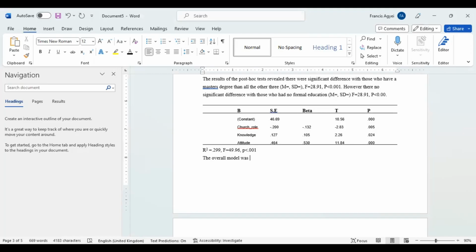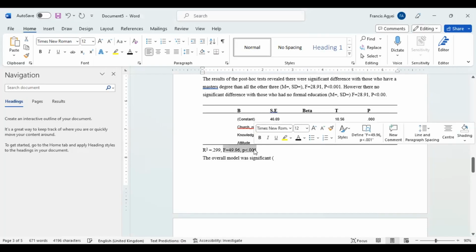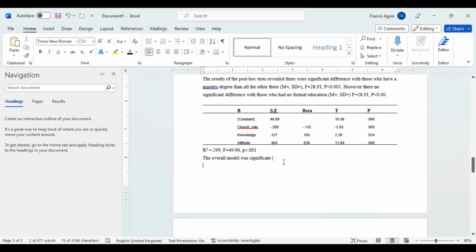So we are going to put this significance here. Then we quote our F value and then the significance. So let me just copy it and paste it here.